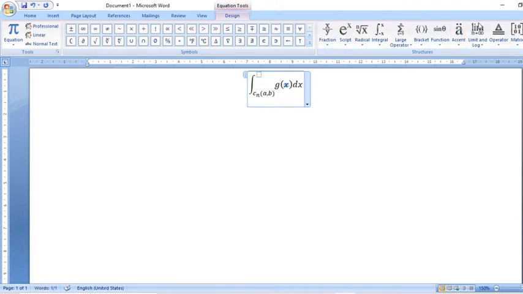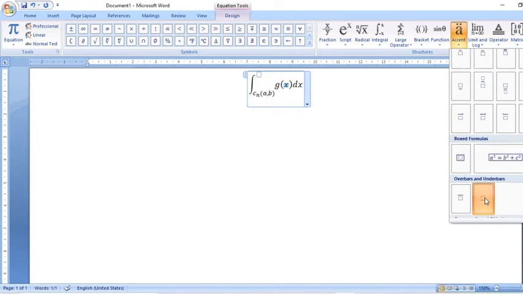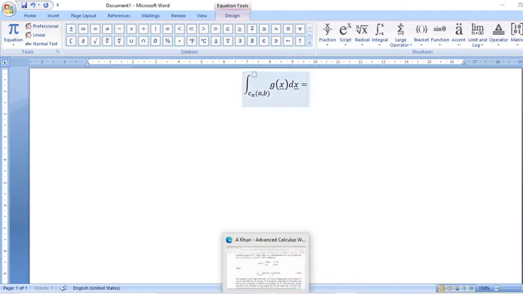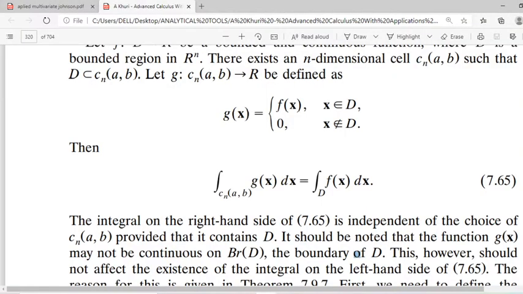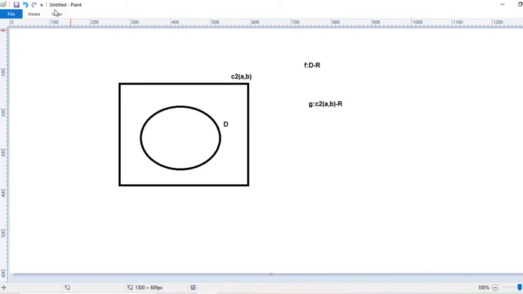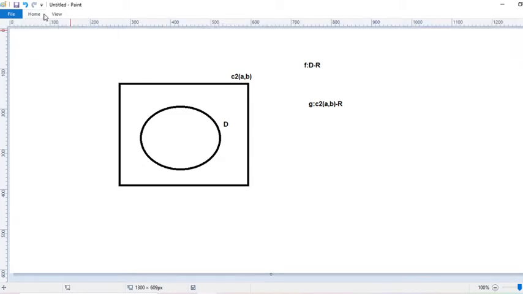This is multivariable integration. Think about multivariable integration only. So this can be written as, we know that g of x is equal to f of x for x belonging to D and 0 for x not belonging to D. So we can divide the entire region Cn of a comma b into two parts, as a union of two sets.